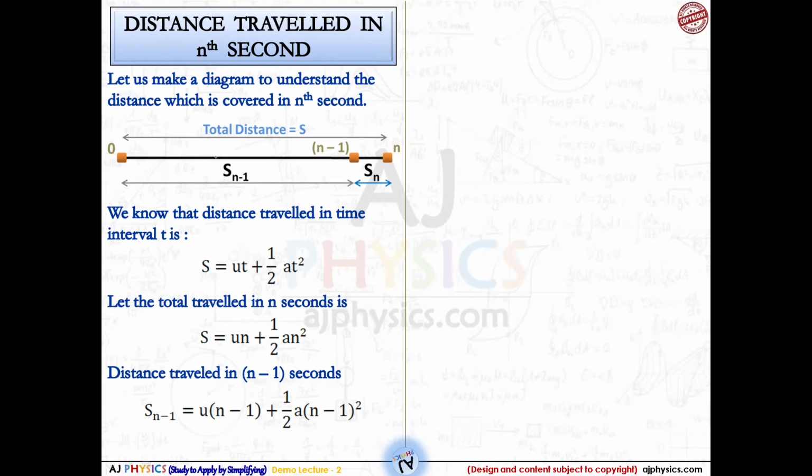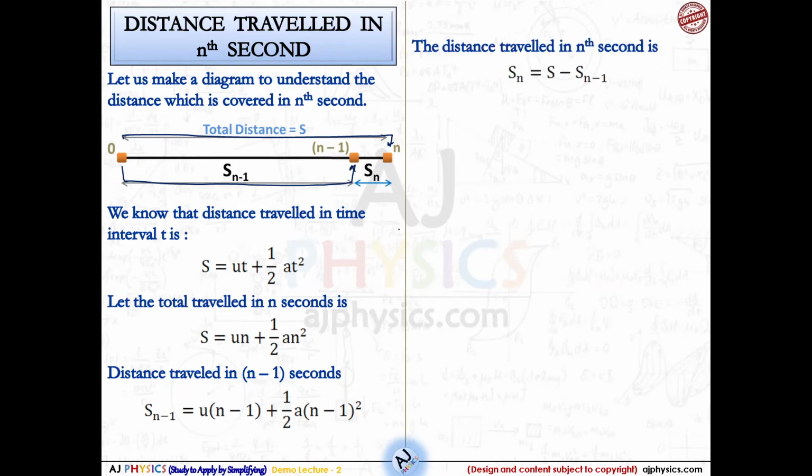Now we have one distance from this point to this point, and the second from this point to this point. So if we subtract these two distances, we'll only get this distance Sn, the distance covered in the nth second.